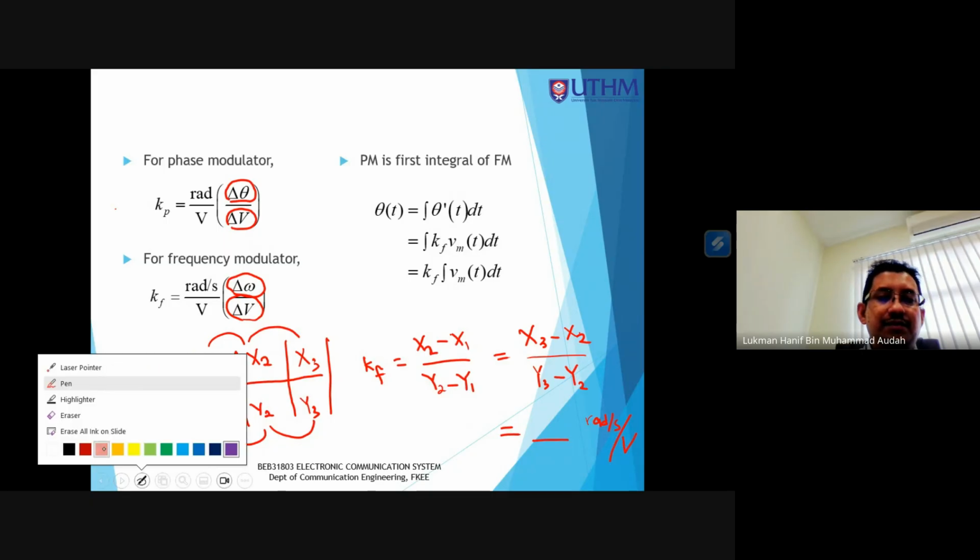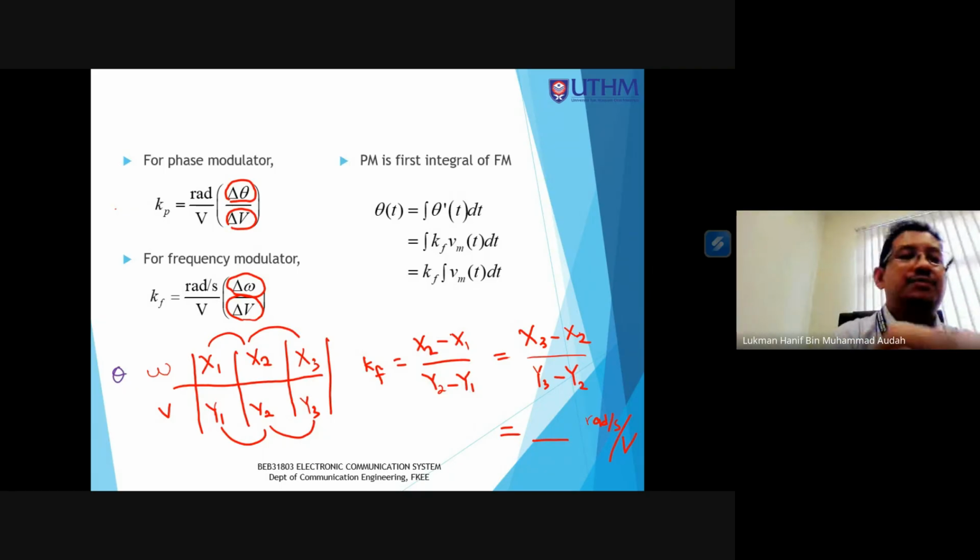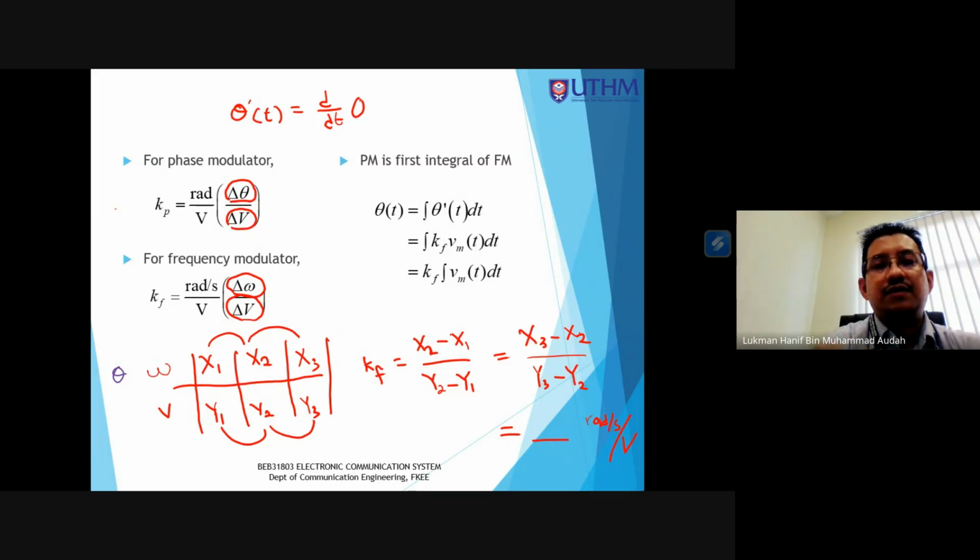If you see the equation on the right about the integral, previously I mentioned that theta prime t is equal to d dt of theta t.